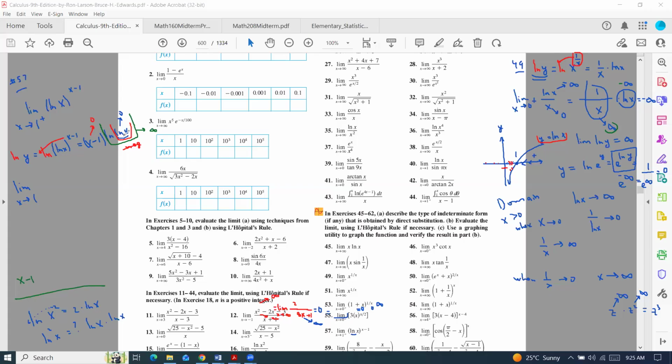So I think I'd rather just leave my logarithm untouched, but instead of multiplying by x minus 1, I will put 1 over x minus 1 in the denominator. So I divide by reciprocal.